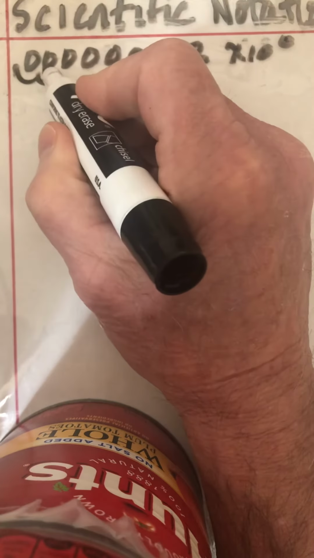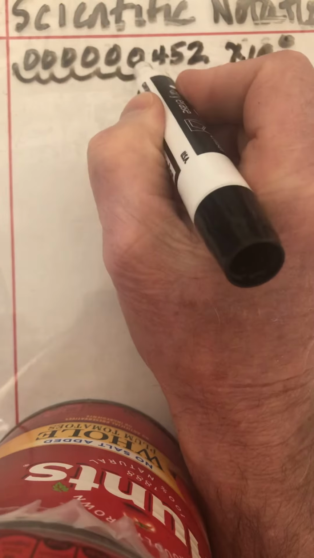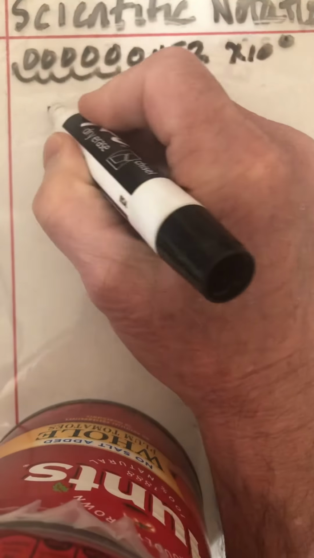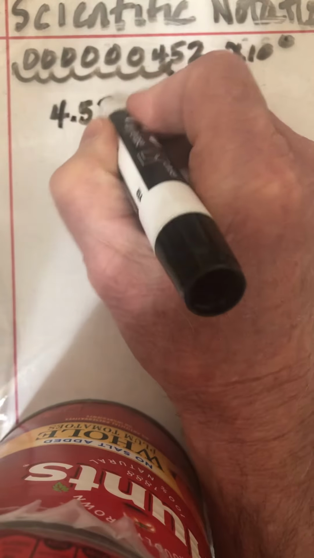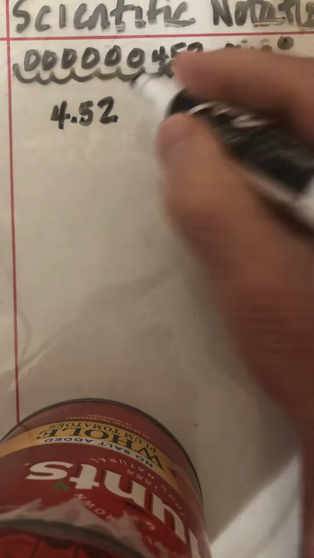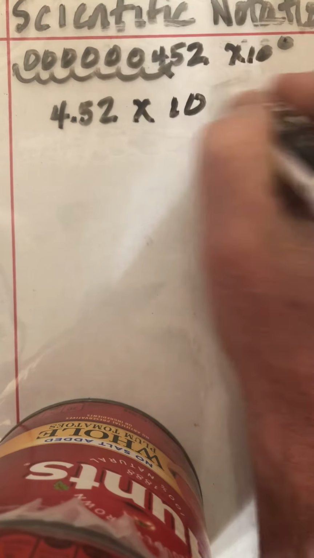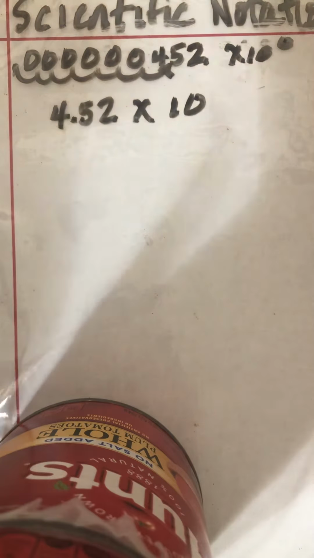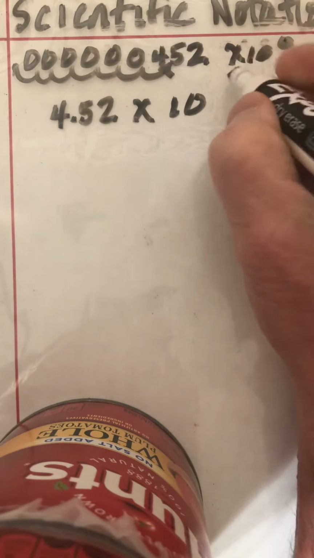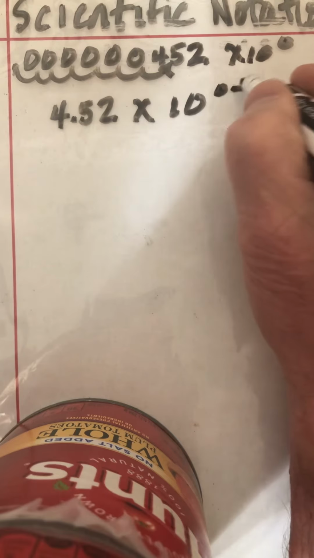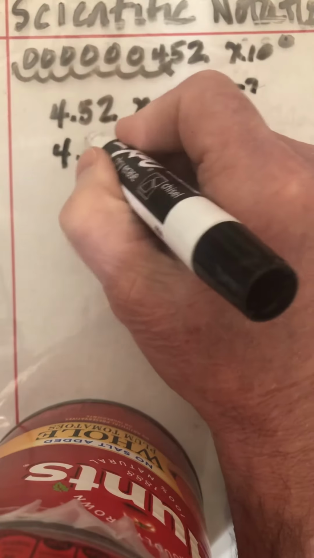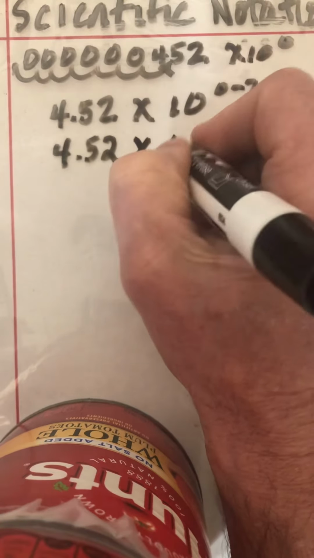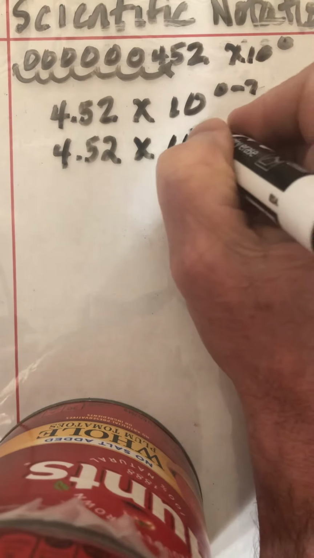So I'm going to move my decimal point 1, 2, 3, 4, 5, 6, 7 spots to get that to 4.52, which is between 1 and 10. Then my power, since I went 7 spots in this direction, my power has to go 7 spots in the negative direction. So it'll be 0 minus 7, or 4.52 times 10 to the negative 7 power.